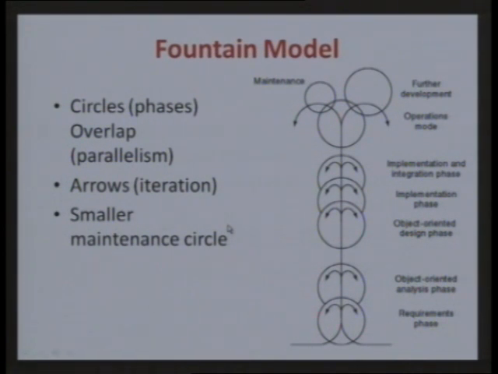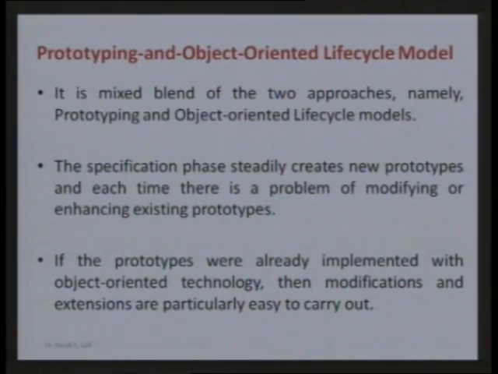In the series, there is one more important model to be discussed, and that is a mix-up of the two. This mix-up is of the two important specific models we have so far discussed: the prototyping lifecycle model, and the one discussed just now, the object oriented lifecycle model.